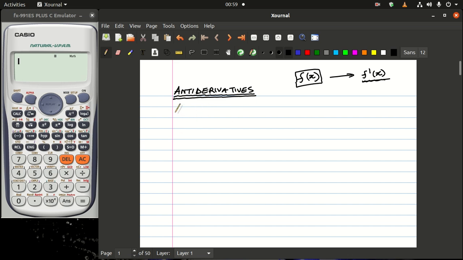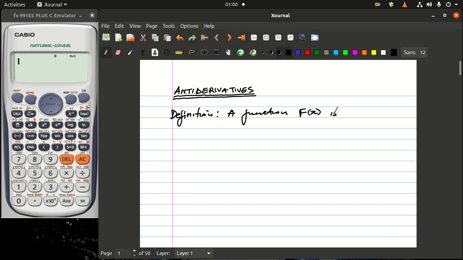So let's start with the definition. I want us to define what an antiderivative is, which is simply what I just said, but I want to formally talk about it and also talk about the terms. So we have a function, and I'm going to use capital letter F of x.